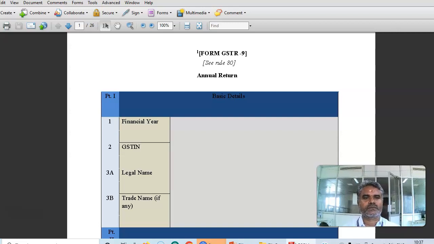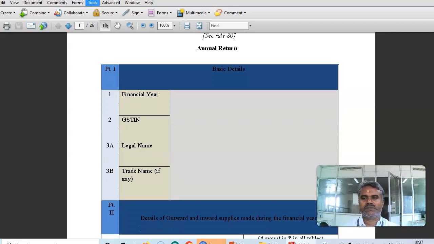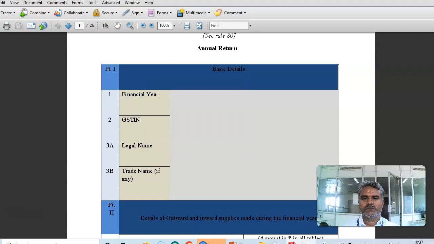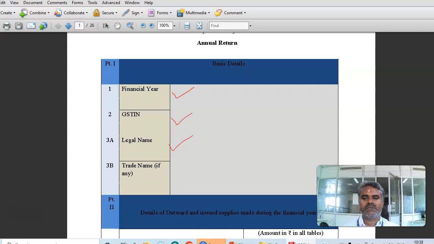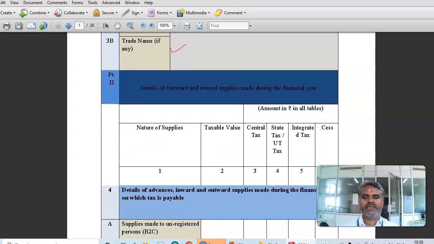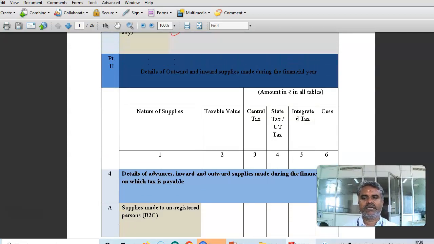Okay, all registered persons. The basic details here: financial year, GST number, legal name, trade name, and details of outward and inward supply made during the financial year. Total, I will give one by one all the details.